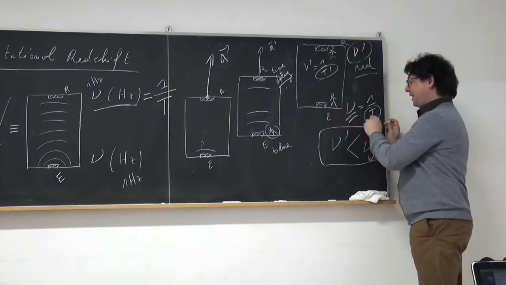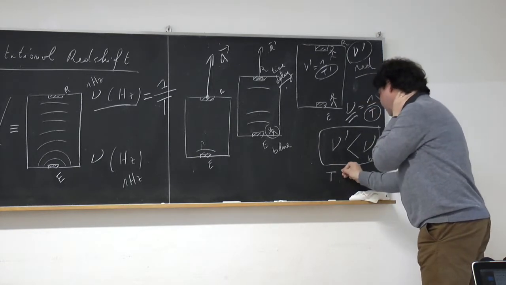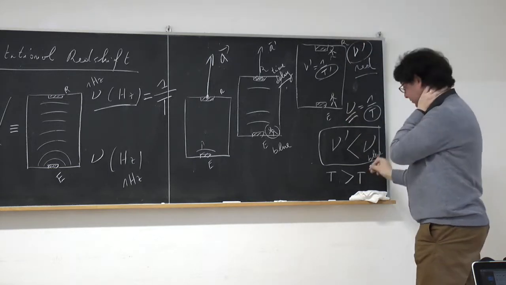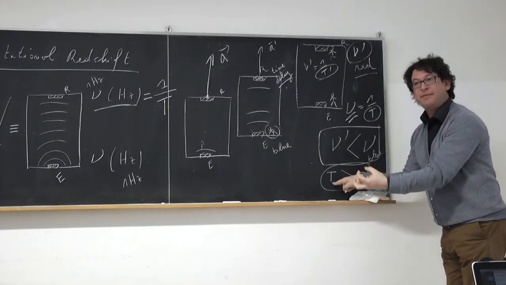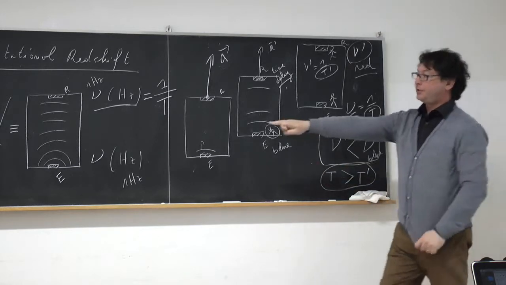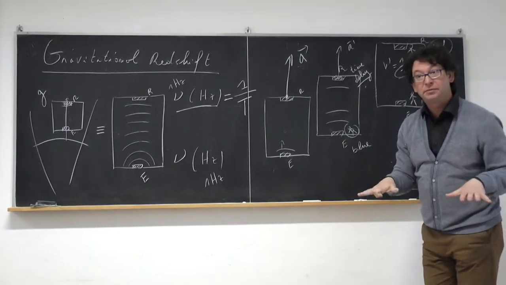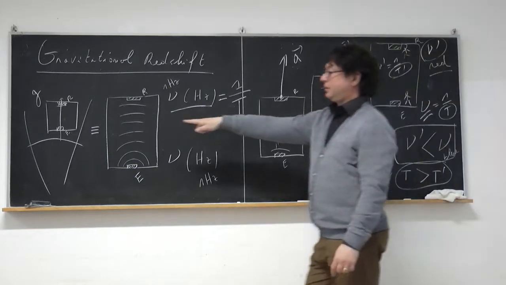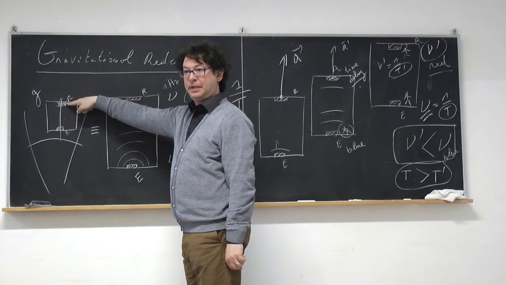This means that the time here, the duration t, is of course bigger than the duration up there. This means that the clocks, if you conceive this as a clock close to the surface of the Earth, are slower, because the intervals are longer, than the clocks higher up, further away from here.